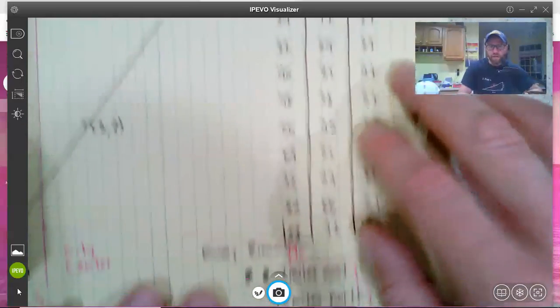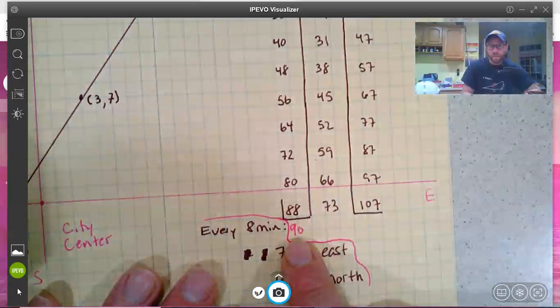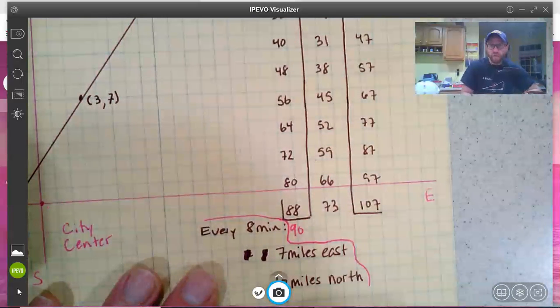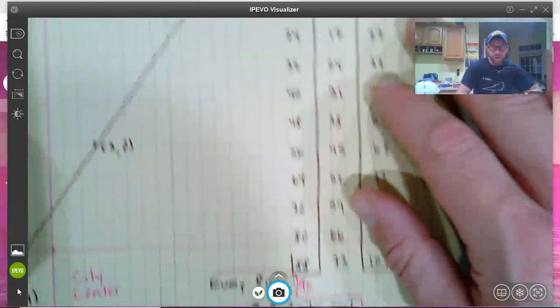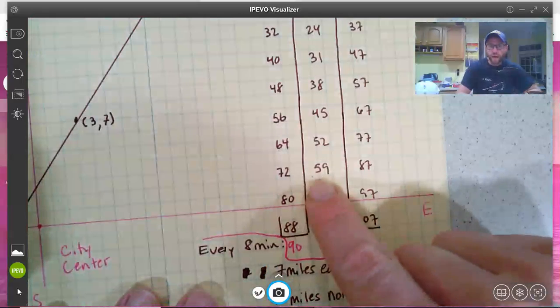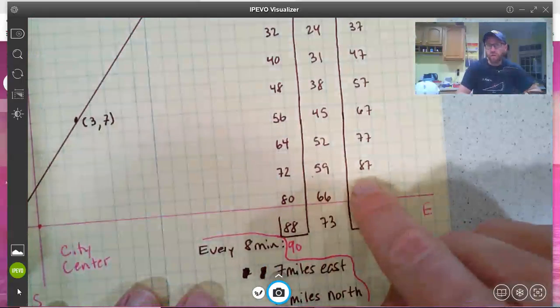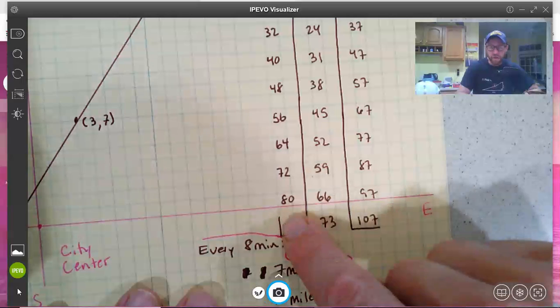And we wanted to work down and find out, well, what's her position at 90 minutes? Well, since 90 wasn't a nice multiple of 8, which, hint, hint, in your problem, it's going to work out better than this, what we need to do is come up with some sort of a rule that would output our east and north position based on our time.